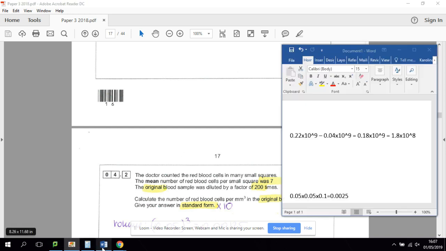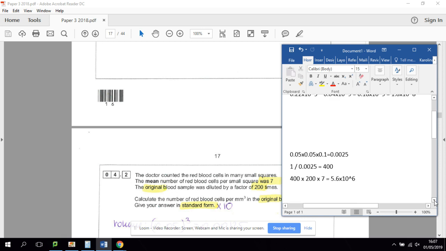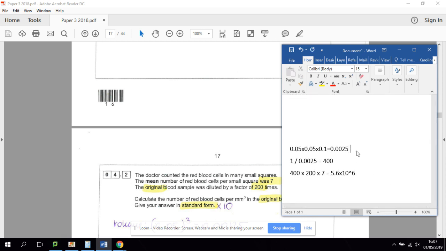So firstly, what I work out is the volume. In here, what did we use to work out the volume? The length of the square. So we got 0.05 times 0.05, and 0.1 is the depth. So that gives you the volume. Then we divide 1 over this volume, which gives you 400.